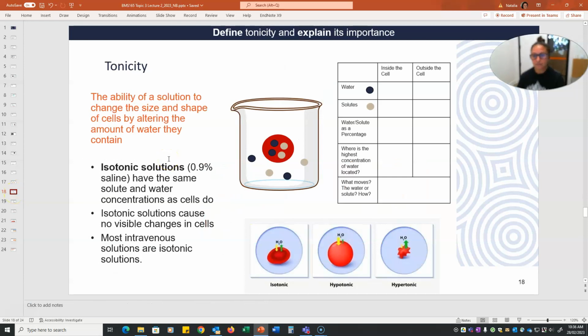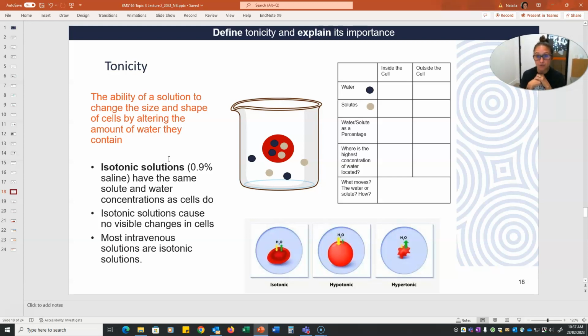The reason why we need to understand solutes and water and their percentages in a solution is because we can actually make cells shrink and make cells blow up just by using solutions. Yes, you have heard correctly.